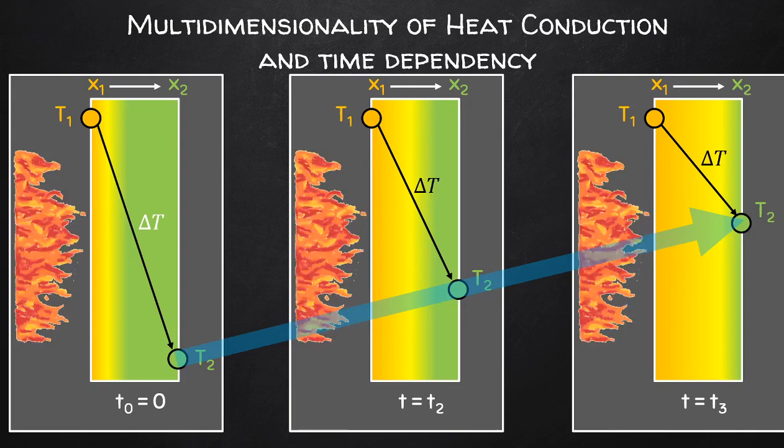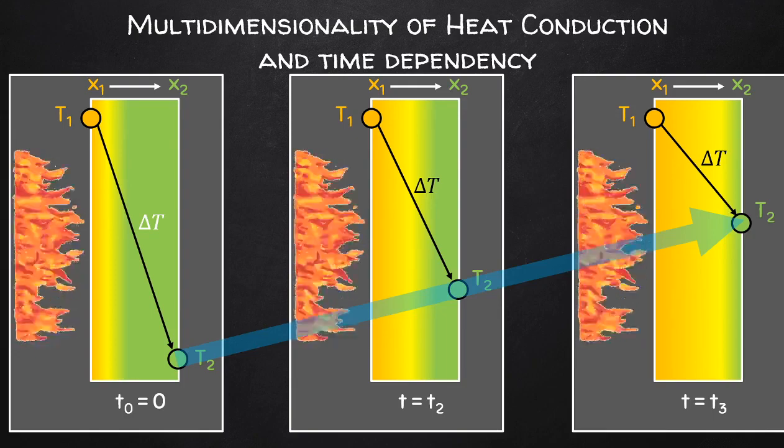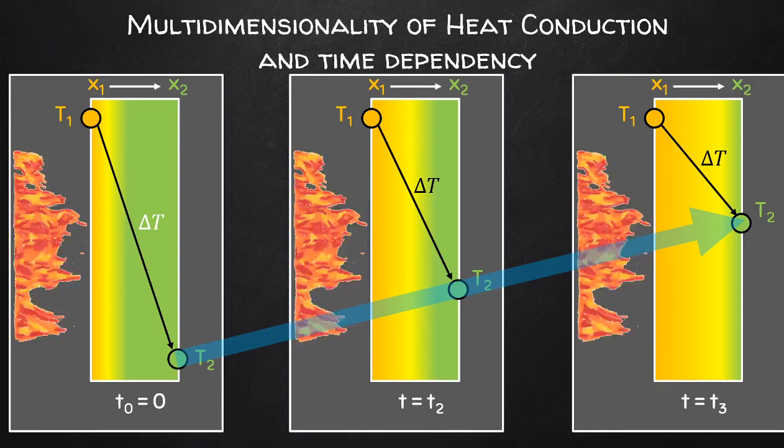It may also be the case that once steady state conditions have been achieved, a reduction in the temperature gradient may result as shown, and also T1 could have shifted in the process.